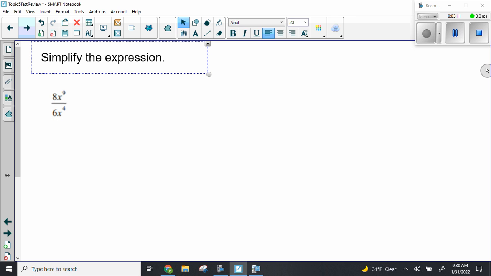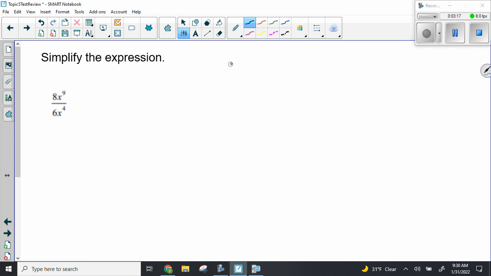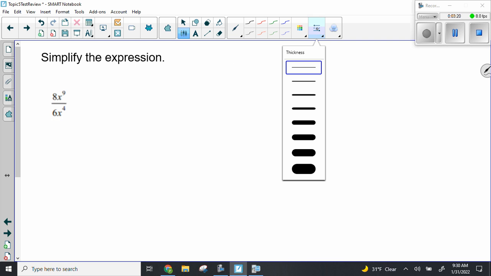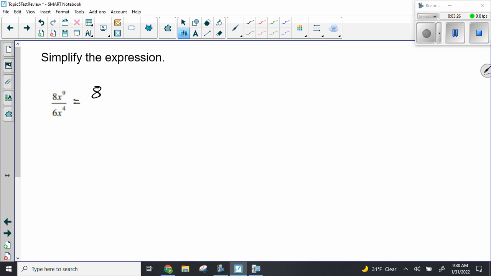All right, let's go ahead and simplify this expression. In order to do this, I like to split it up into 2 separate fractions, ratios, if you will. For the first one, I'm going to simplify the fraction 8/6. Both 8 and 6 are divisible by 2, and if I divide them both by 2, I get 4/3.